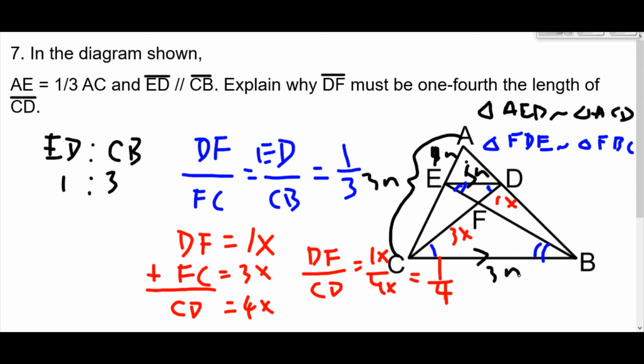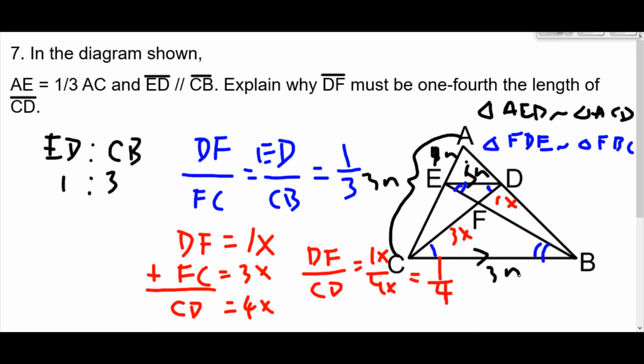Triangle FDE is similar to triangle FBC, because when you have parallel lines, the alternate angles formed are going to be congruent to each other. So from there we can prove the second pair of triangles similar. Use the proportion we see of, in this case, DF to FC, the same ratio, is equal to the ratio of ED to CB, which is 1 to 3.